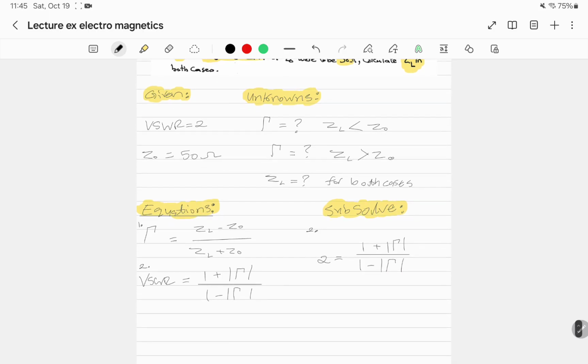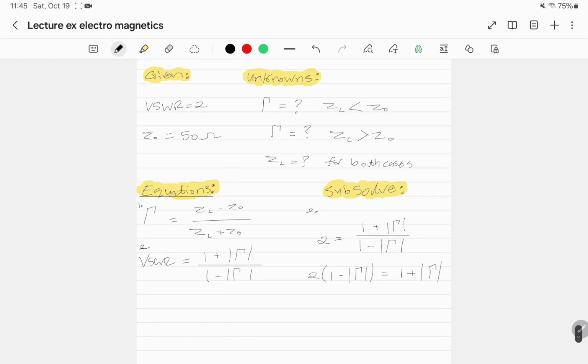So now we could actually solve for the reflection coefficient. I'm just going to do some cross multiplication. So 2 times bracket 1 minus reflection coefficient is equal to 1 plus reflection coefficient, and this is all in magnitude for the reflection coefficient.